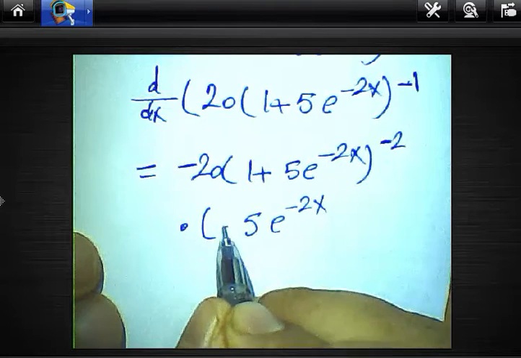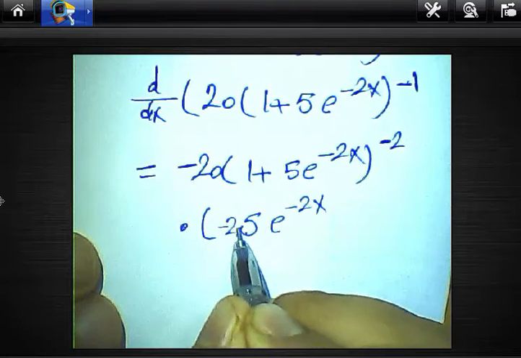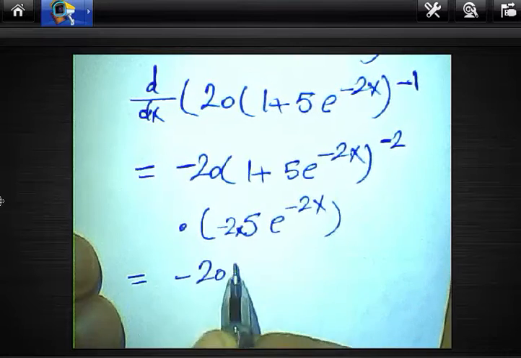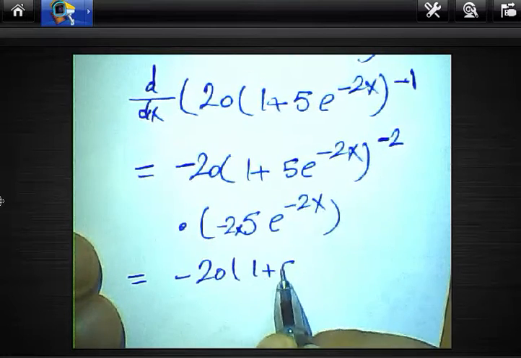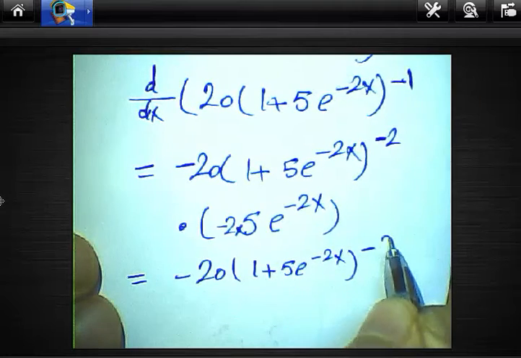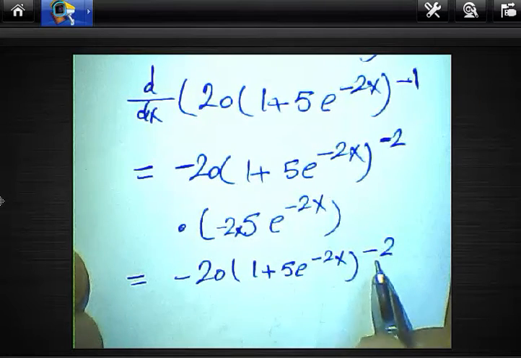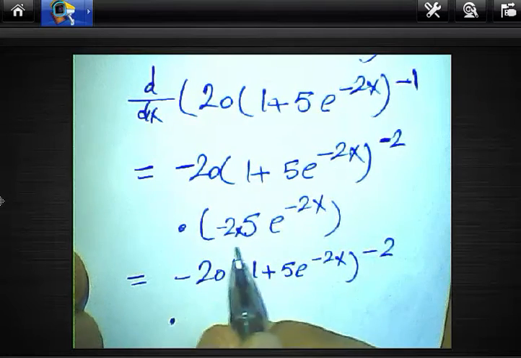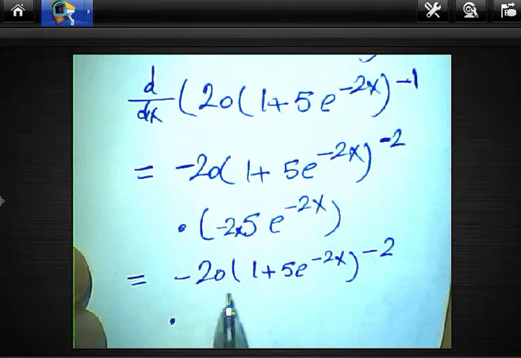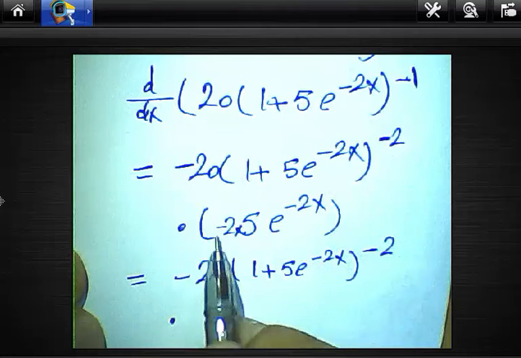So the result will be negative 20 multiplied by 1 plus 5e power negative 2x all power negative 2, multiplied by negative 10, because negative 2 multiplied by 5 equals negative 10.